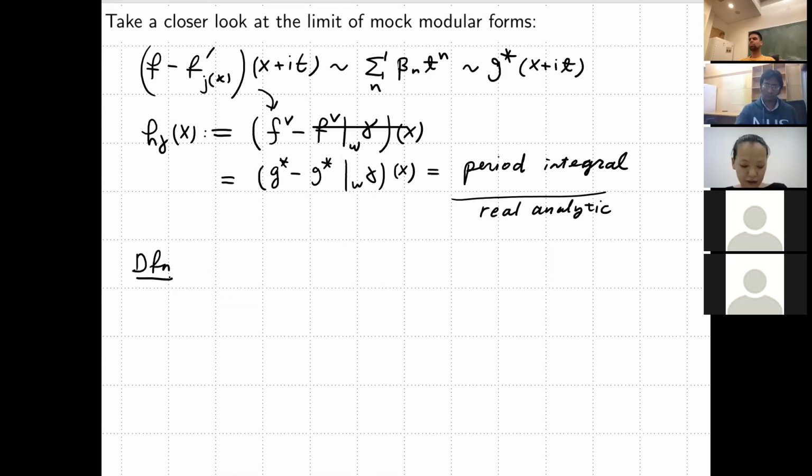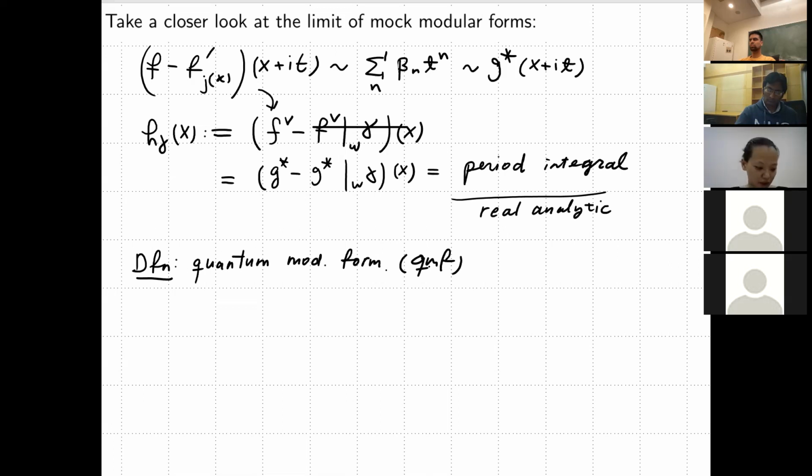So this and other examples led Don Zagier to consider the notion of a quantum modular form, which I'll call QMF.